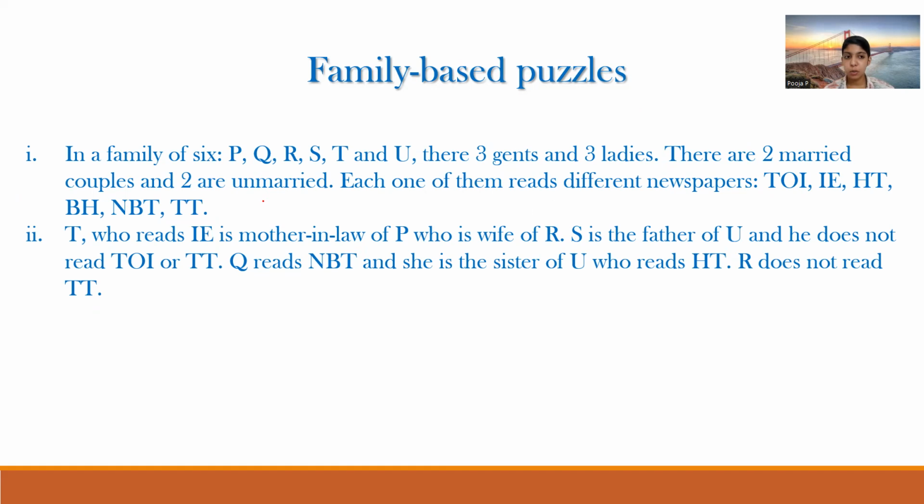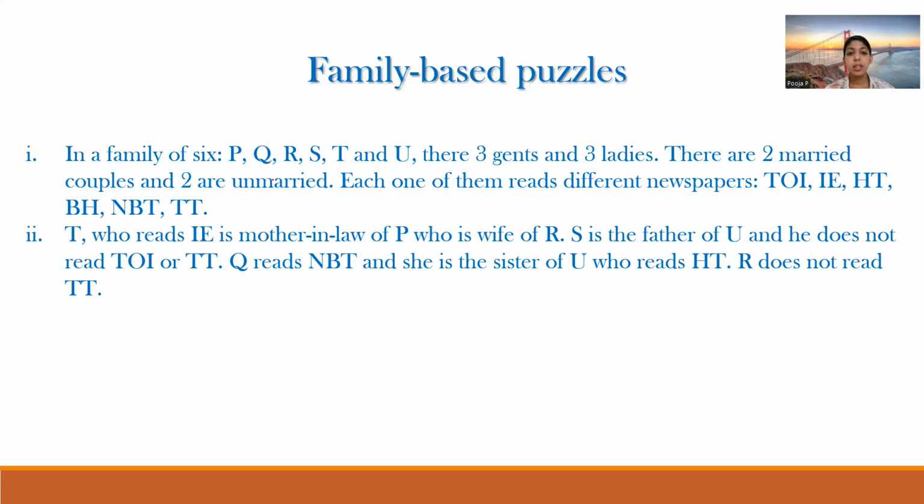T, who reads Indian Express, is the mother-in-law of P, who is the wife of R. S is the father of U, and he does not read TOI or TT, that is Times of India or the Tribune. Q reads Navbharat Times, and she is the sister of U, who reads Hindustan Times. R does not read the Tribune.